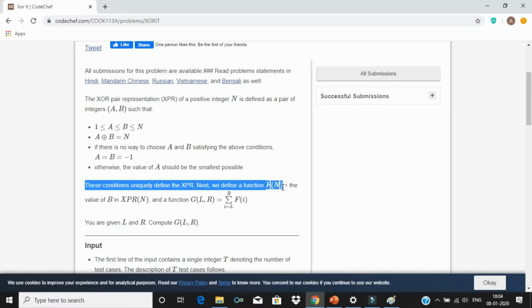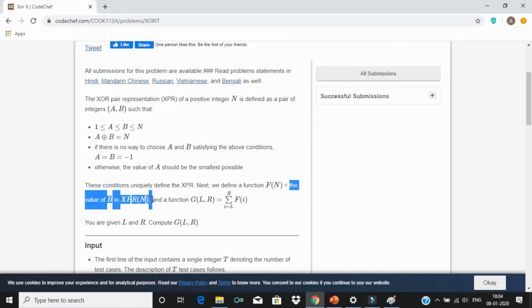Next we define the function f of N. The function f of N is equal to the value of b in the XOR pair representation of capital N, where a XOR b is equal to capital N. So f of N represents the value of b in that XOR pair a and b.